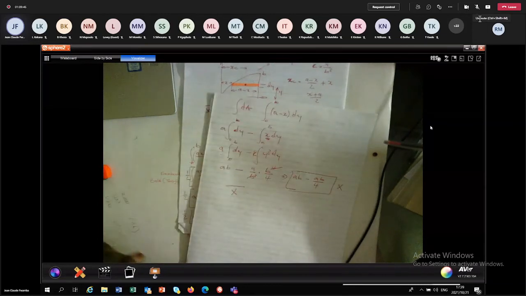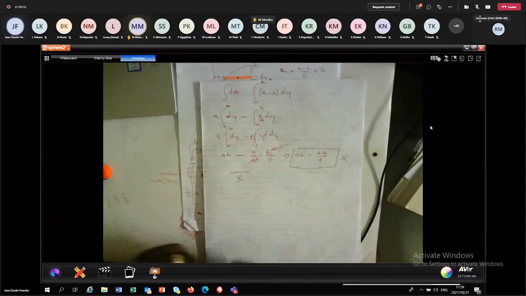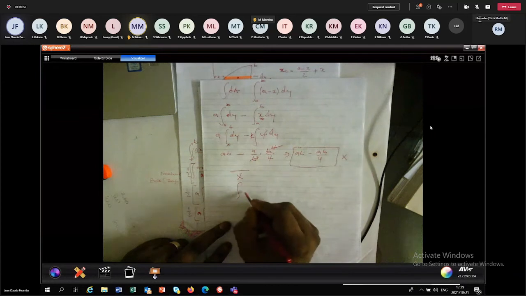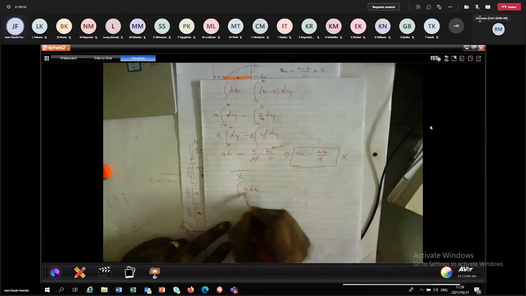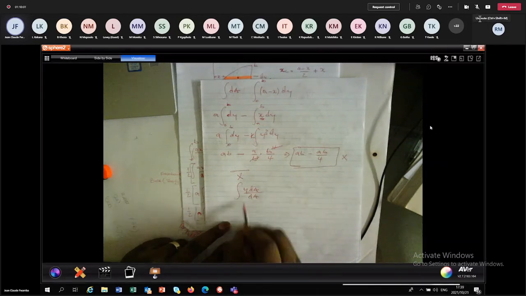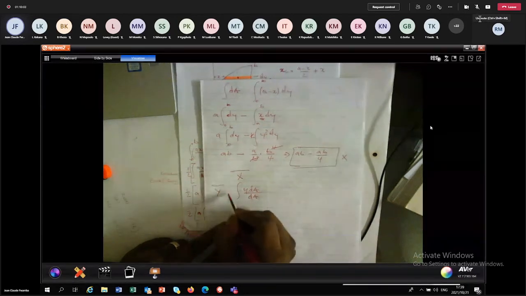Now one can move to the y-axis and do the same. We said it was the integral of y dA over the integral of dA, that's your equation for y bar.